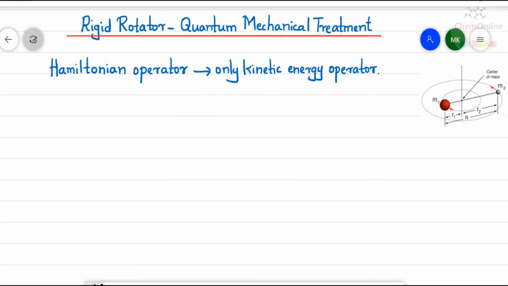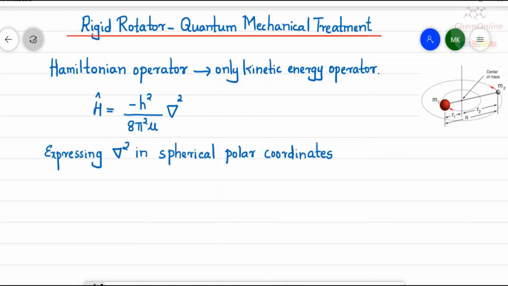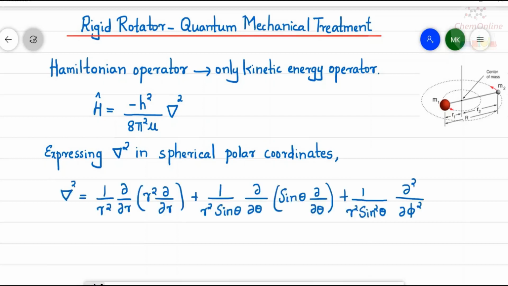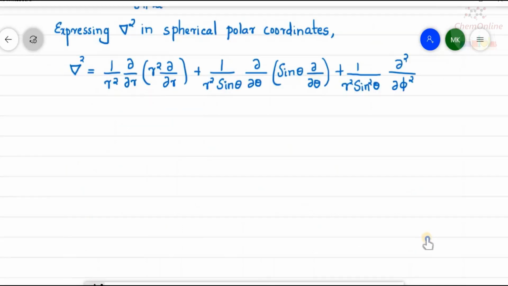Therefore, we can write the Hamiltonian as h cap equals minus h square by 8 pi square mu into del square. Expressing del square in spherical polar coordinates, we get del square equals 1 by r square dou by dou r of r square dou by dou r plus 1 by r square sin theta dou by dou theta of sin theta dou by dou theta plus 1 by r square sin square theta dou square by dou phi square.